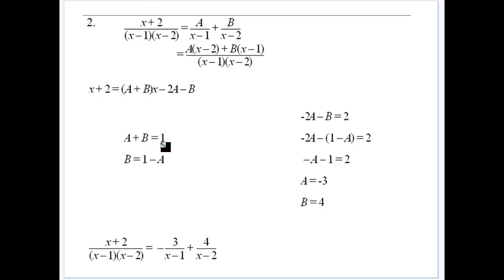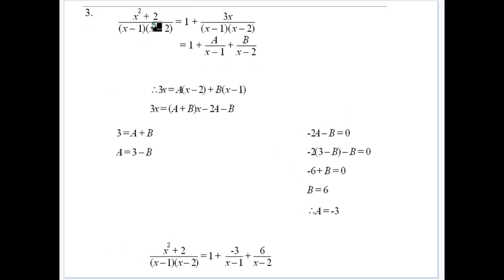A plus B times x would be equal to 1, because there's 1x, and minus 2A minus B would be equal to 2. So we can set that up there and do our substitution. A plus B is equal to 1, so B would equal 1 minus A. We work out what A is, then we can easily work out what B is, and then we can get it back into this form as we need. Again, it's going to be very easy to integrate it.